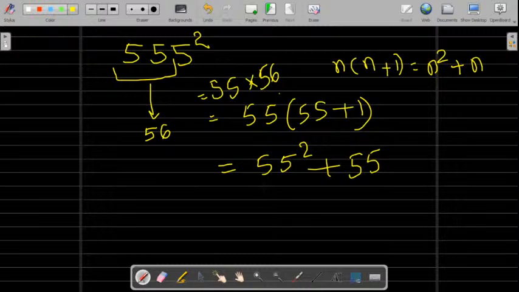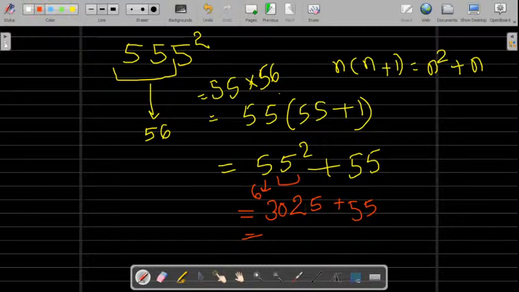And how do you calculate 55 square? Here again the same trick. This 5 indicates 25, 5, the next number is 6, right? 5 into 6 is 30, so 3025 plus 55. Okay, this as it is.